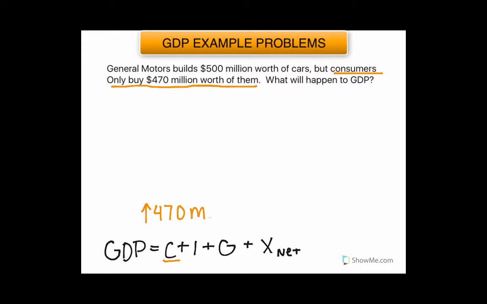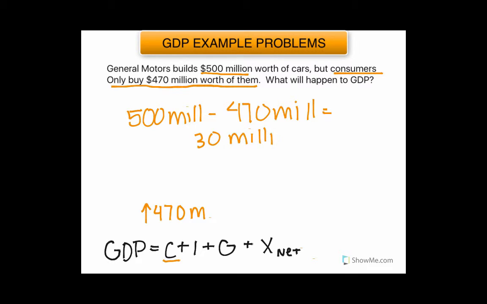However, GM built $500 million worth of them. So there's an extra amount of cars left over. We had in total 500 million, and we subtract our consumption, 470 million. And what was General Motors left over with?